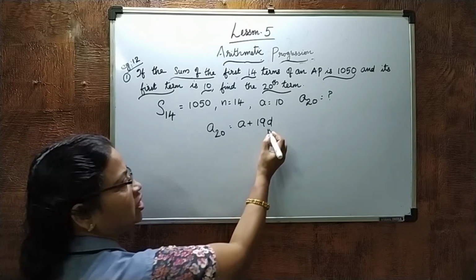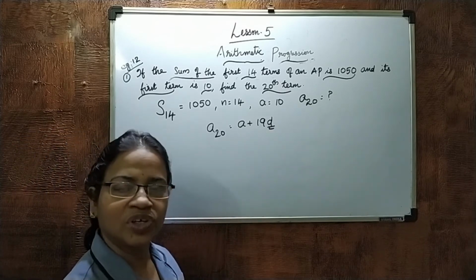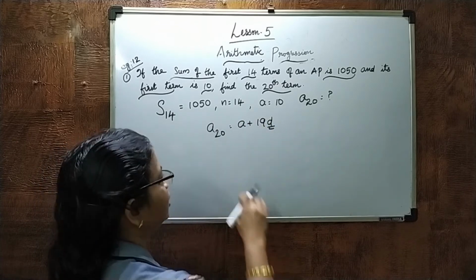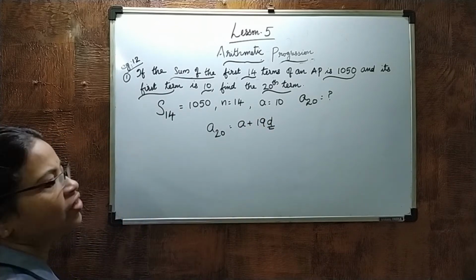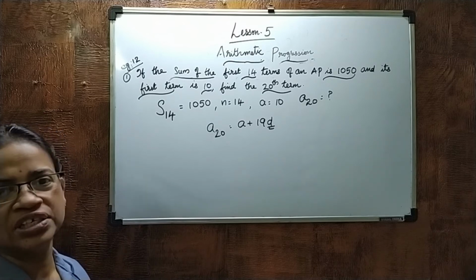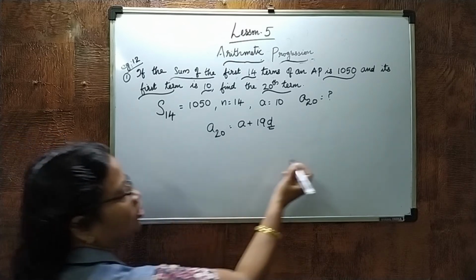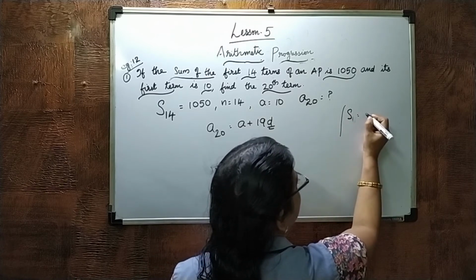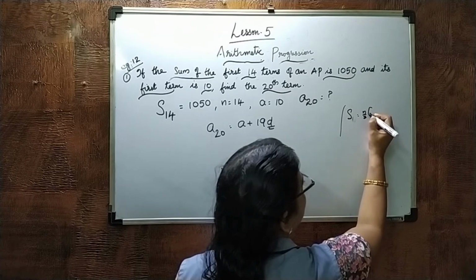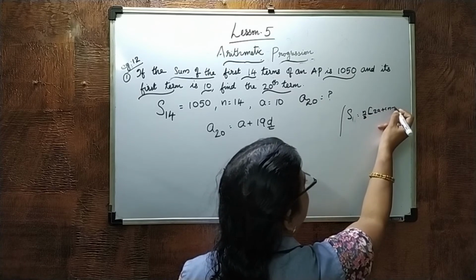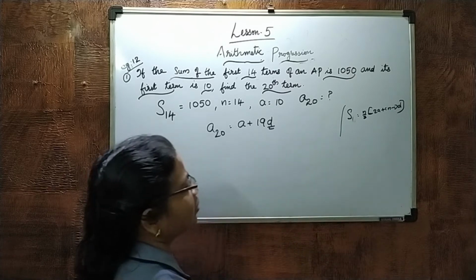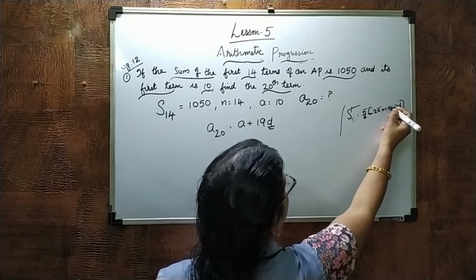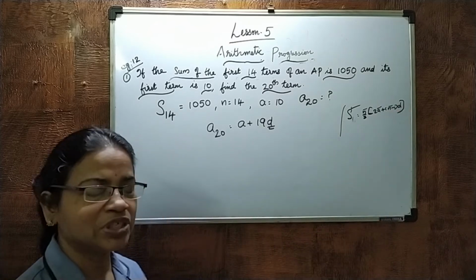Did you get this D then? No, there is no D. But in the formula for the sum of n terms, D is there. Just find out S is equal to N by 2 into 2a plus n minus 1 into D. Sum is given, N is given, A is given, so D can be found from that formula itself.